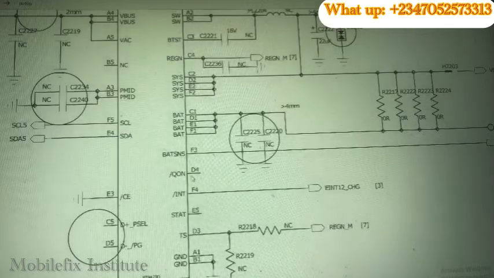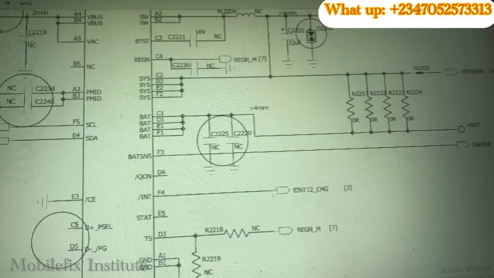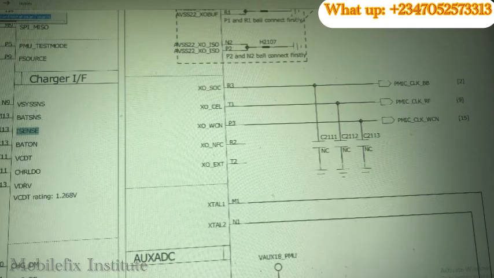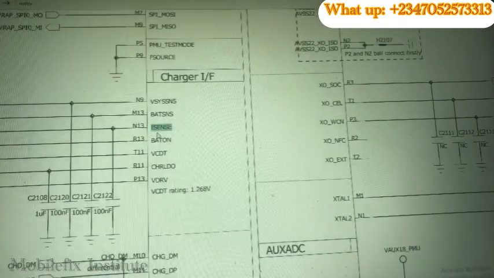Okay, let me show you another line. You saw BatSense in the other IC. We saw BatSense and ISense. So in this type of IC, you see BatSense inside, then ISense outside. It still goes back to that ISense that we explained. It still comes back and enters our power IC on that charging section, ISense.